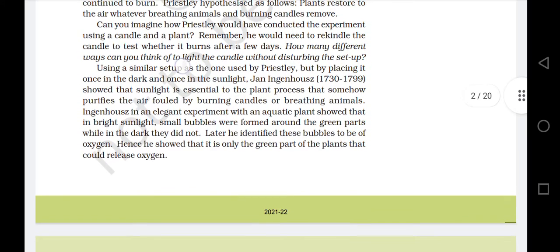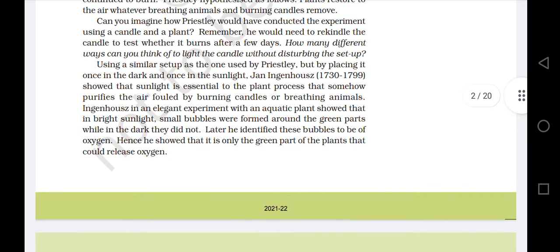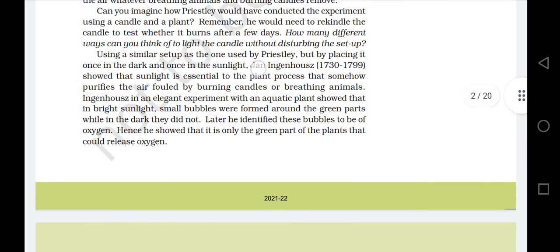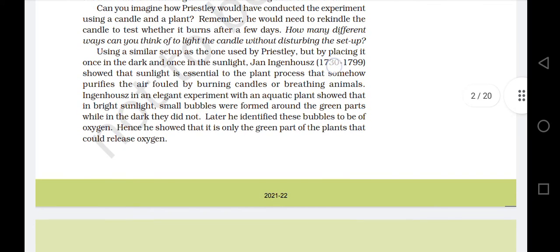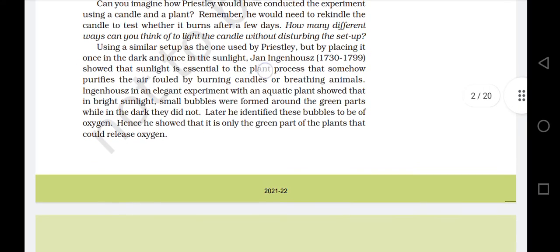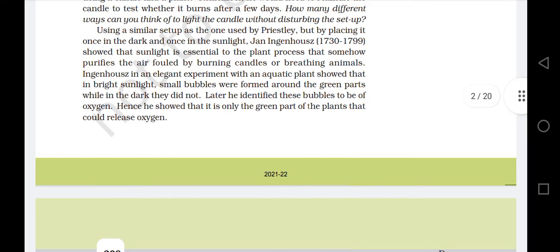Using a setup similar to the one used by Priestley, but placing it once in the dark and once in the sunlight, Jan Ingenhousz, in 1799, showed that sunlight is essential to the plant process that somehow purifies the air fouled by burning candles or breathing animals.